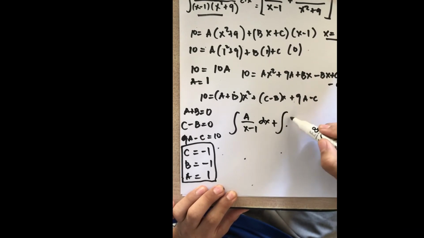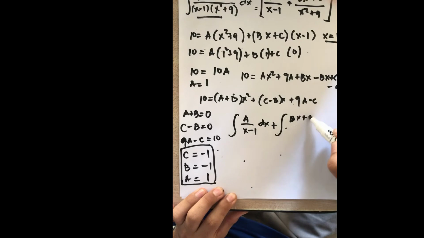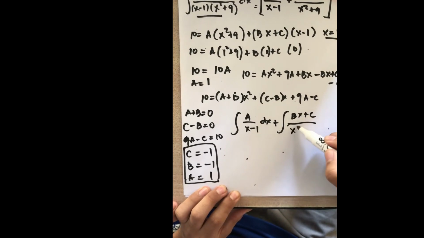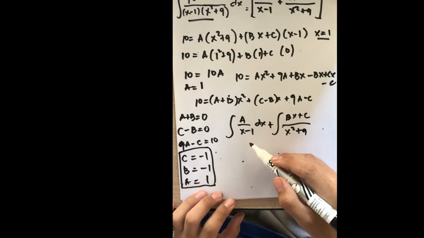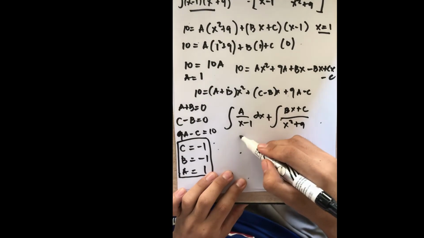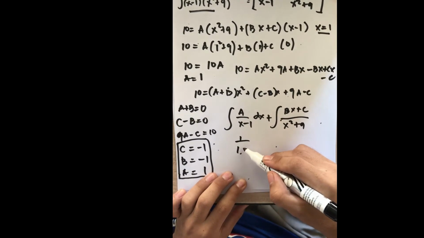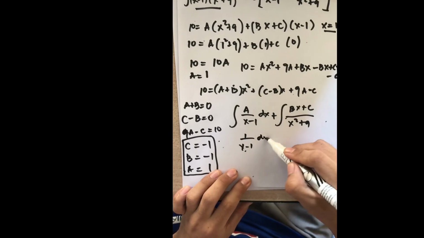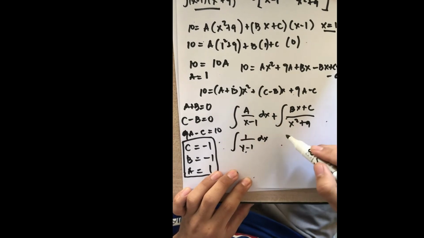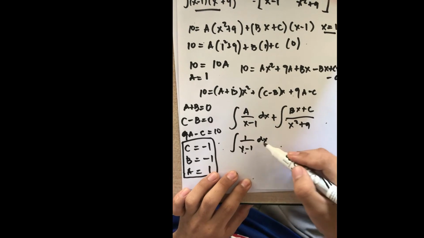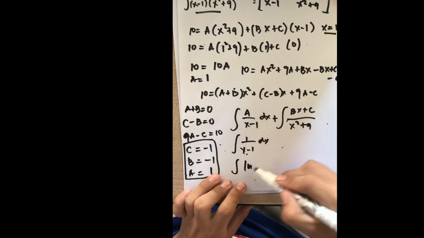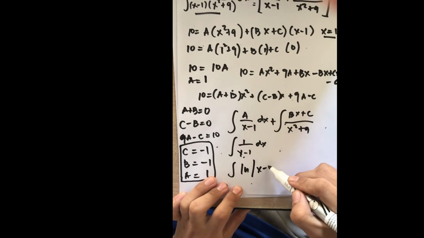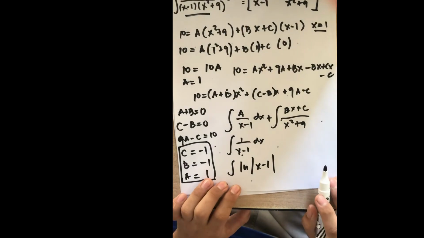Since we have the values of a, b, and c, let us substitute them into the given equation. So the integration of a over x minus 1 dx plus the integration of bx plus c over x squared plus 9. So 1 over x minus 1 dx.